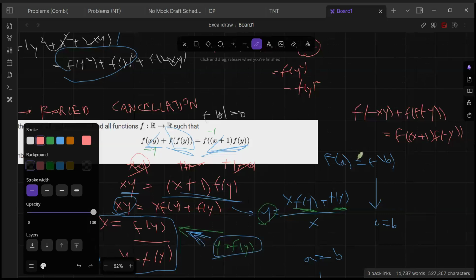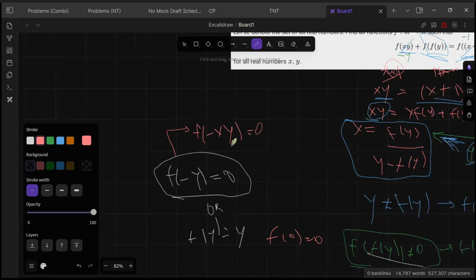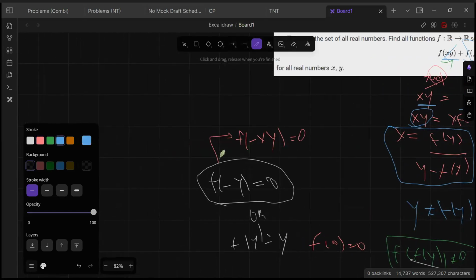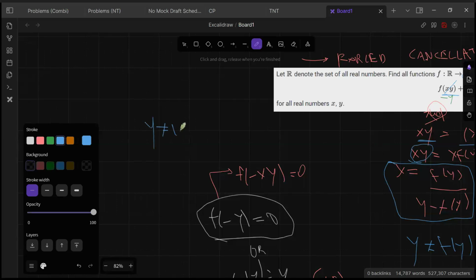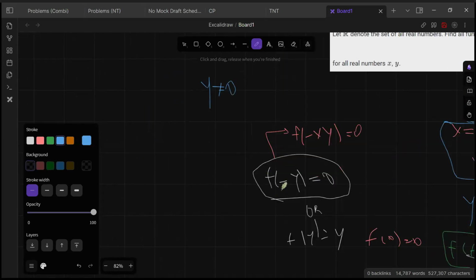Yes, wonderful. So what we have concluded now is, if f of minus y is 0, then f of minus xy is 0 for all x. So we can achieve all values from this, right? Exactly. Suppose there is some value y such that f of minus y is equal to 0 and y is not equal to 0.